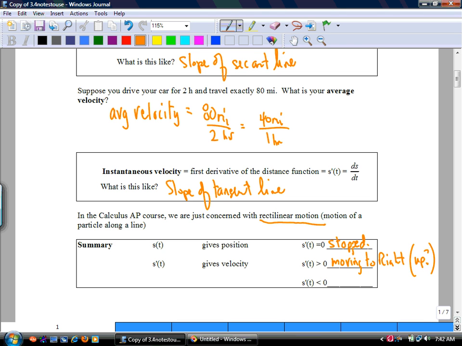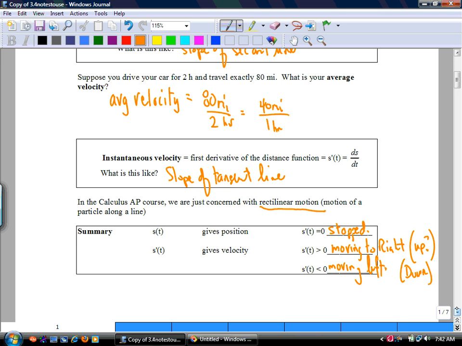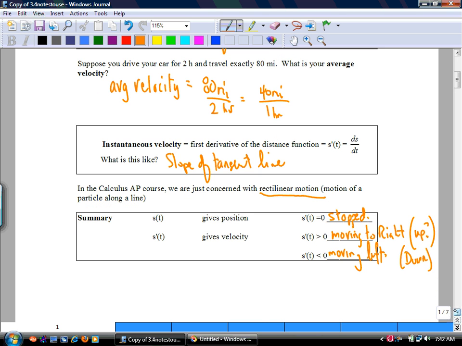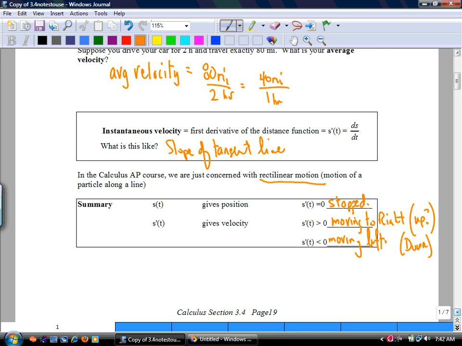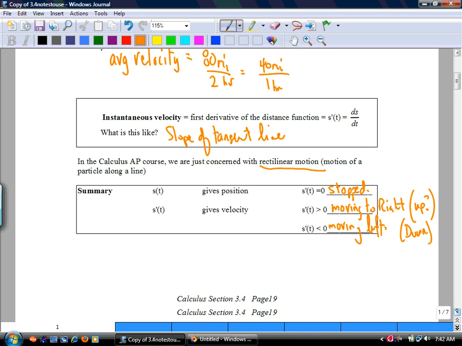No, it's only along a number line. s prime of t is less than 0. Moving left. Or in this case, you guys wanted to use the word down, which is fine. Because nobody throws an average grade 8 left or right. Sometimes we throw them up, and then eventually they come down.